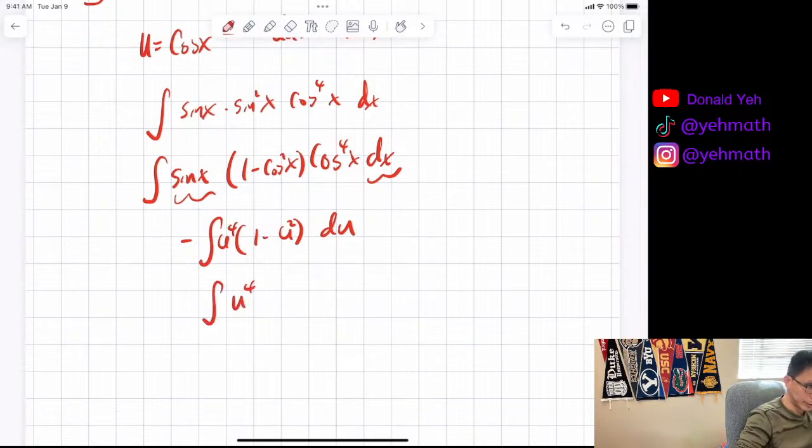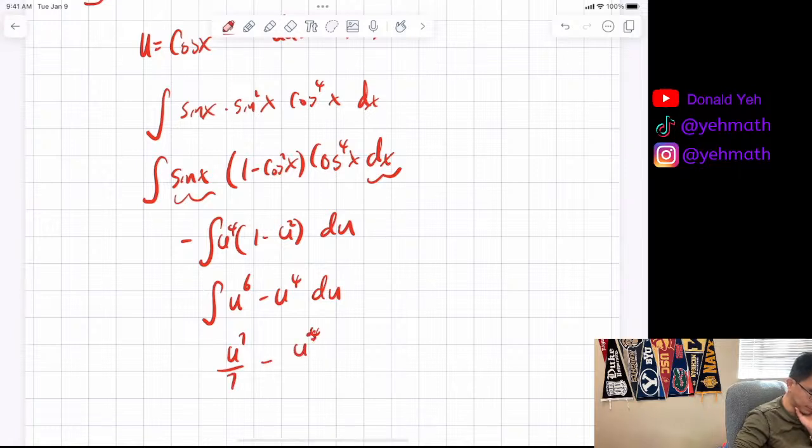Actually, I'm just going to distribute a negative sign in there. So that's going to be u to the 6 minus u to the 4th du. So u to the 7 over 7 minus u to the 5 over 5, plus c, right?